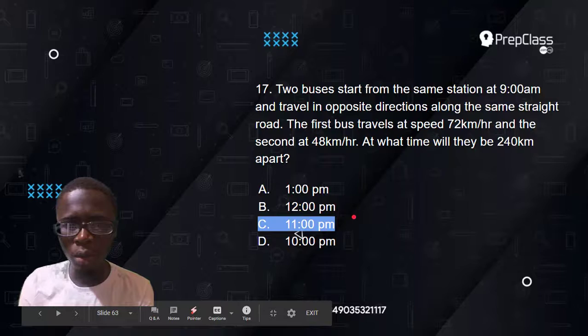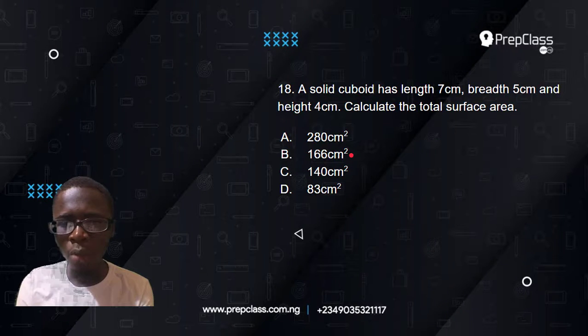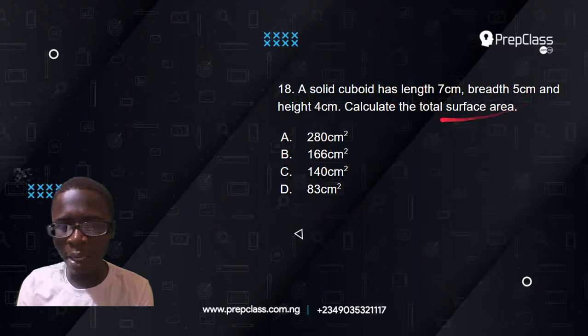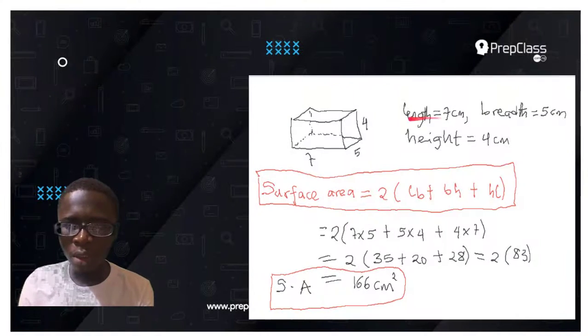Proceeding to the next question, it says, a solid cuboid has length 7 centimeter, breadth 5 centimeter, and height 4 centimeter. Calculate the total surface area. So now let's look at the diagram representing this. So this is a cuboid.